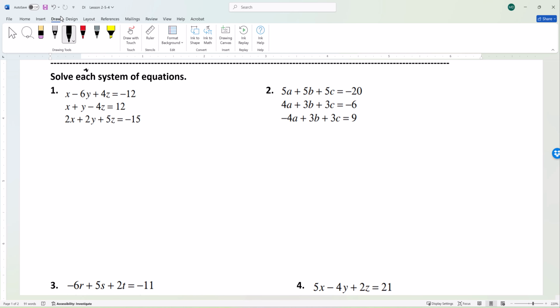You want to see which variable is easiest to get rid of if you were to multiply things by a number. So all of those things still apply. The strategy is also that you want to eliminate the same variable as you start breaking it down.